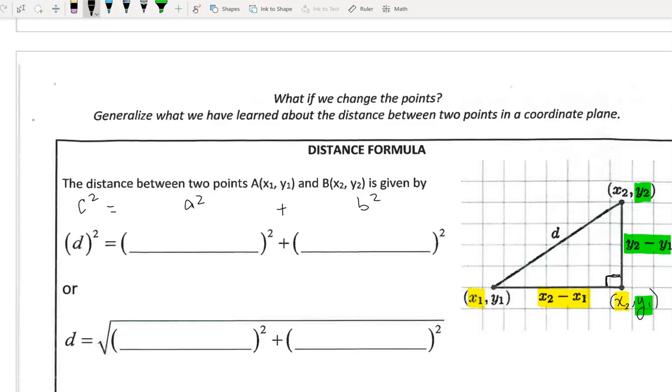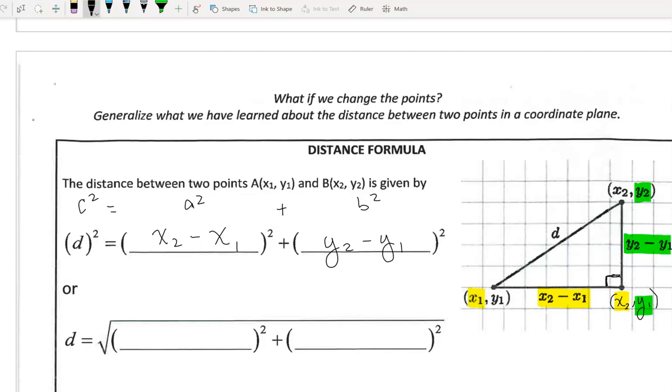So that distance there from the point on the left to the point at the right angle is going to be x2 minus x1. And if you have a picture, really, you could just count this off the picture as well. But you just have to subtract the x values. And then for my b, I'm going to subtract the y values. That's the green. So we have y2 minus y1.